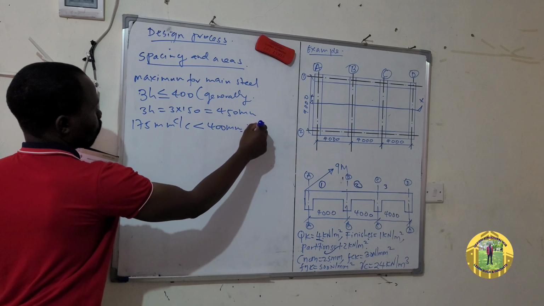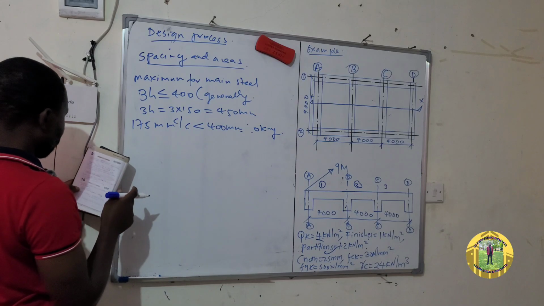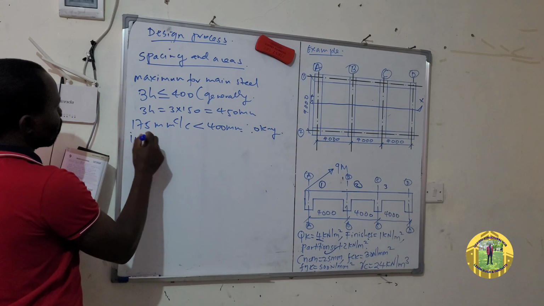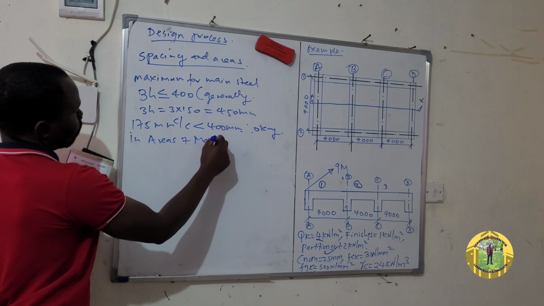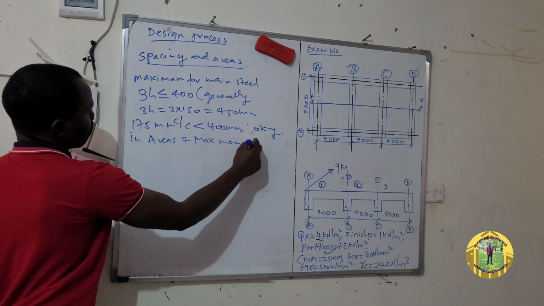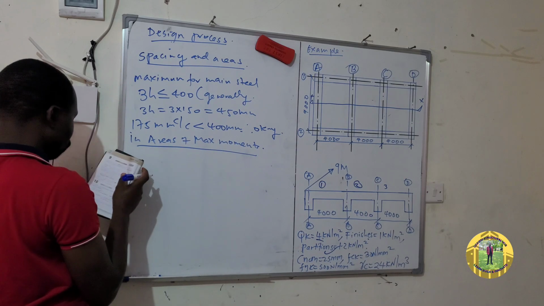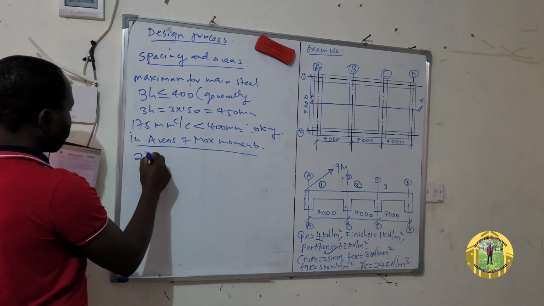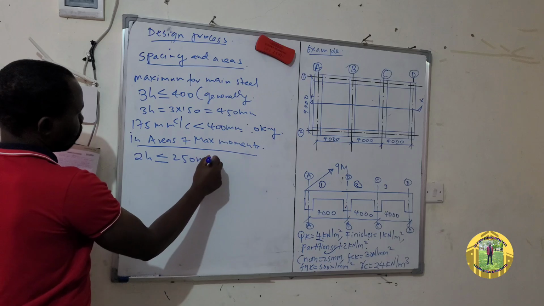So, okay. We proceed to areas of maximum moments. In areas of maximum moments, we'll use this formula: 2H must be less or equal to 250 millimeters.